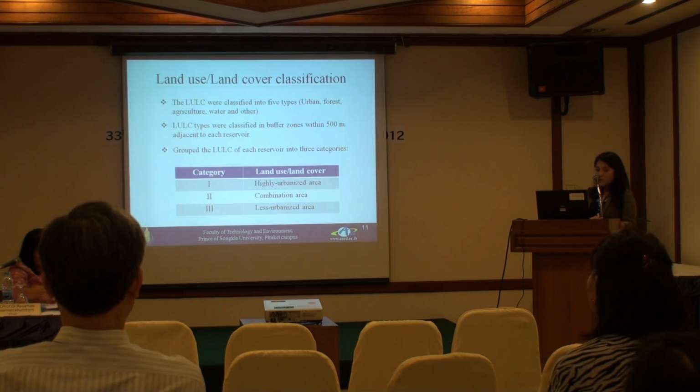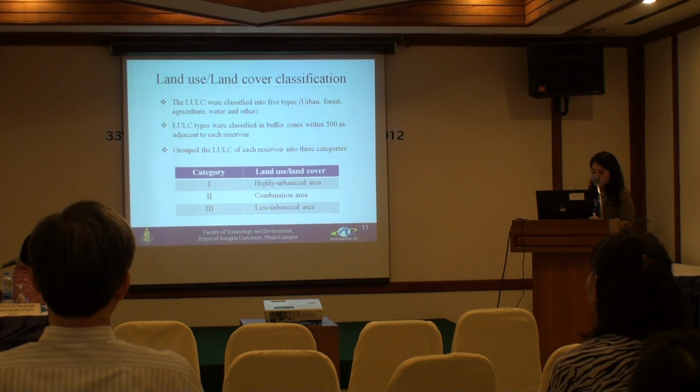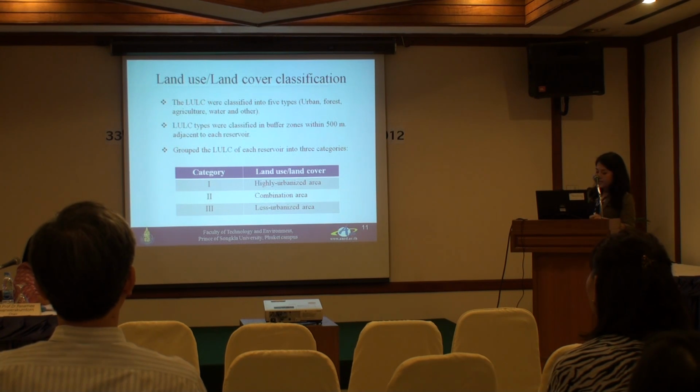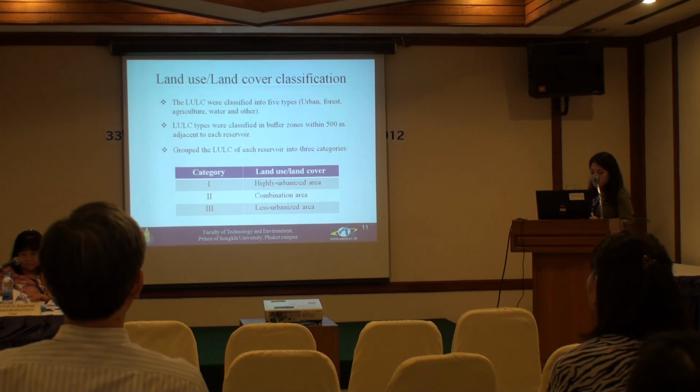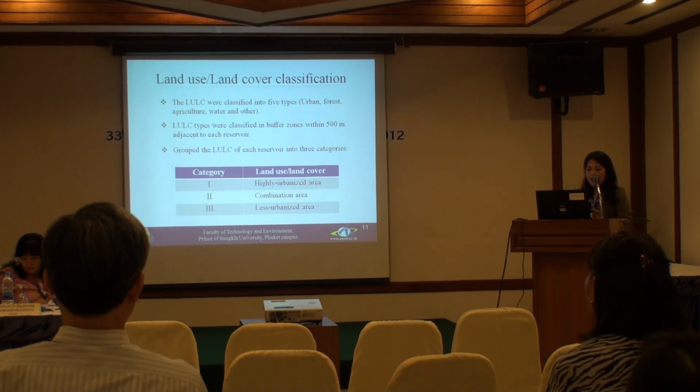In the part of land use and cover classification, data used in this study were land use map of 2010 obtained from the Land Development Department. The land use were classified in 5 types, including urban, forest, agriculture, water, and other.